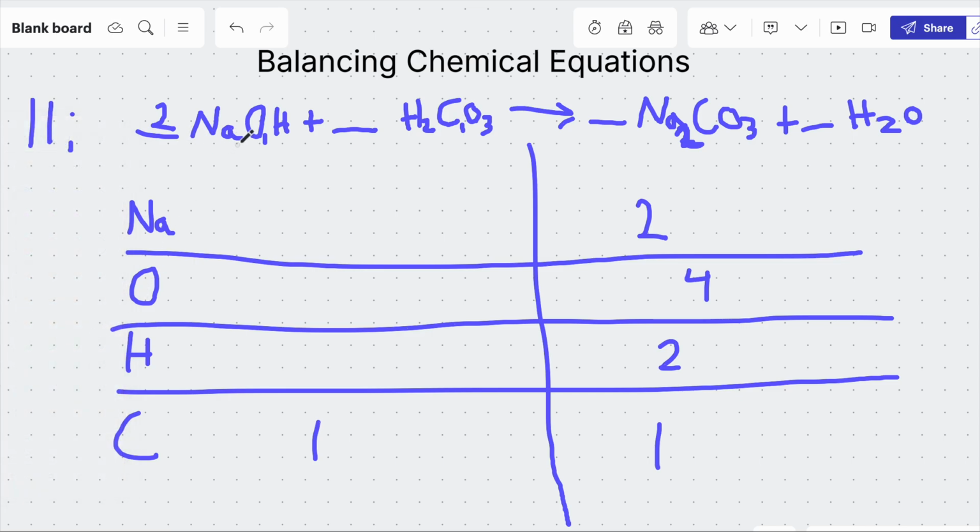So we have 1 Na in each of these. We have 2 of them, so 2 times 1 gives us 2. Same thing for O's, but we got those in both spots. So 2 times 1 is 2, plus the 3 over here is 5. And same thing with the H's. 2 times 1 is 2, plus 2 right here is 4.